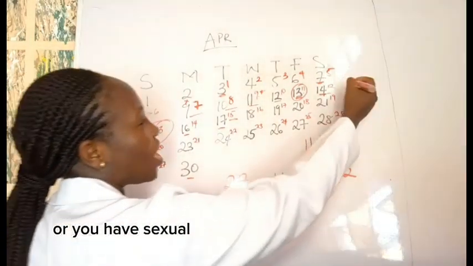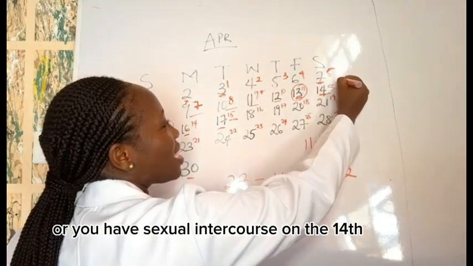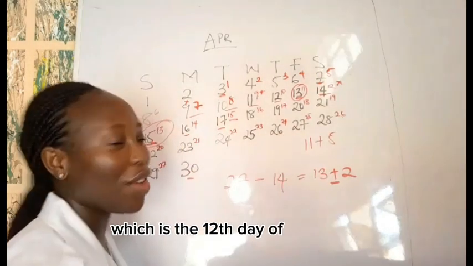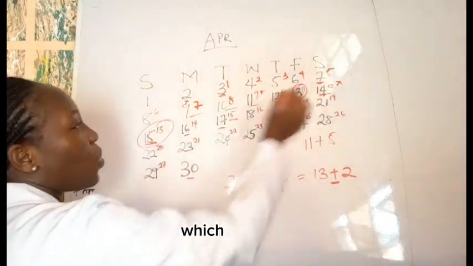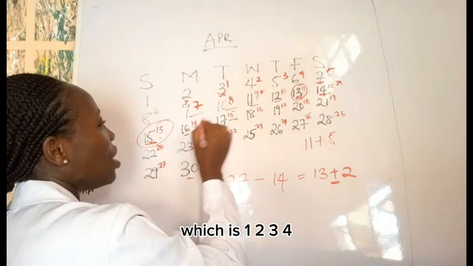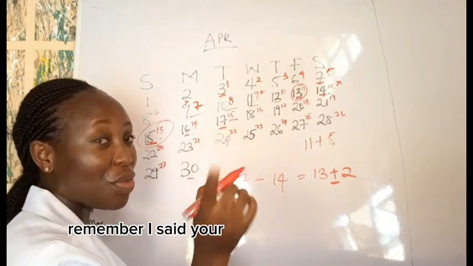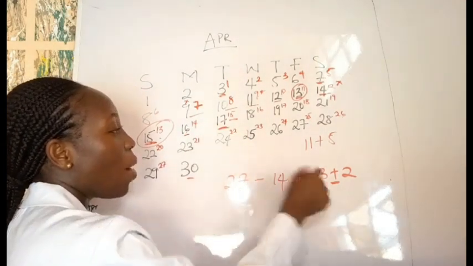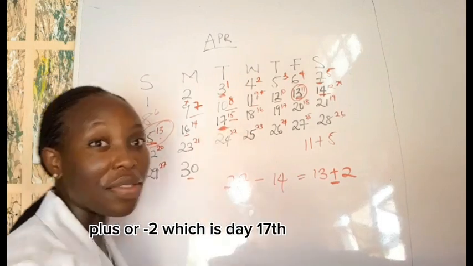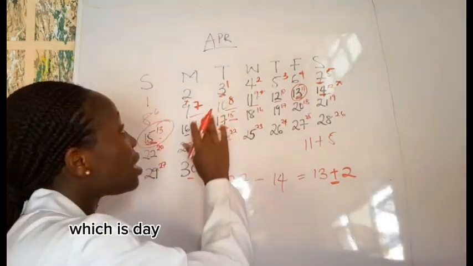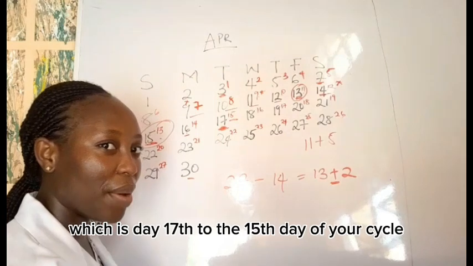Or you have sexual intercourse on the 14th of April, which is the 12th day of your cycle, 1, 2, 3, 4. Remember I said ovulation can also occur plus or minus 2, which is day 17th, the 15th day of your cycle.